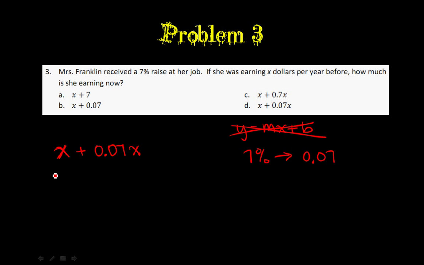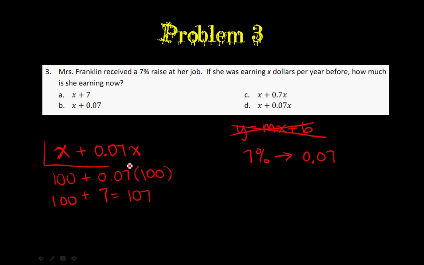So for example, if let's say she made $100 an hour, then to do a 7% raise, you would add 7% of 100, which is $7. So that means that now she would be making $107. So that's how this problem works. You take the original and you're adding on the extra percent. And we did problems similar to this when we were doing area, two units ago. So the answer is D.